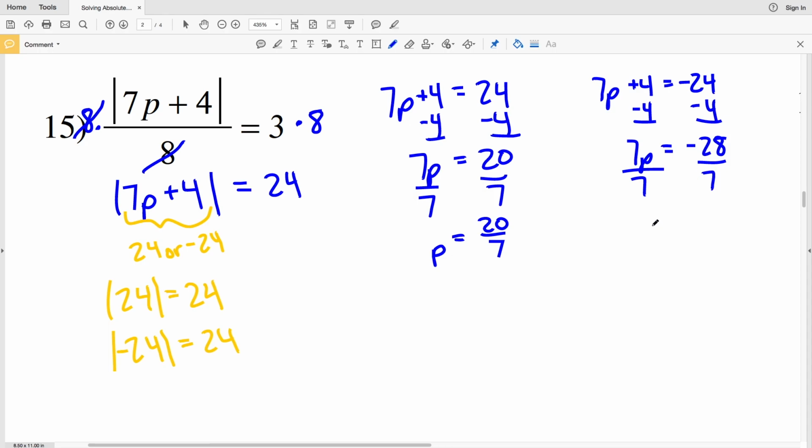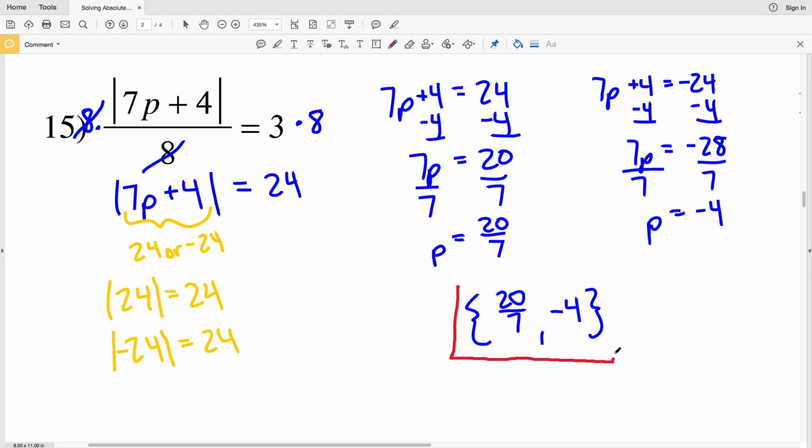Dividing both sides by 7, we get that p is equal to negative 4. So our solution in number 15 is 20/7 or negative 4, meaning that if we plug 20/7 in for p or negative 4 in for p, this equation would indeed be true.